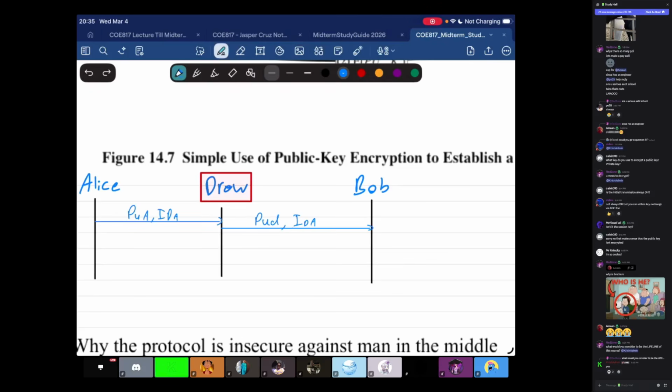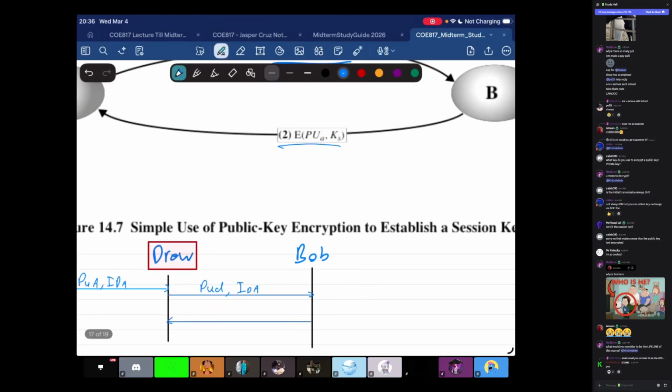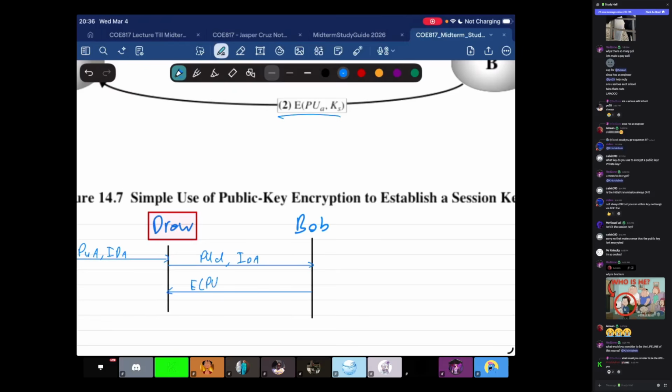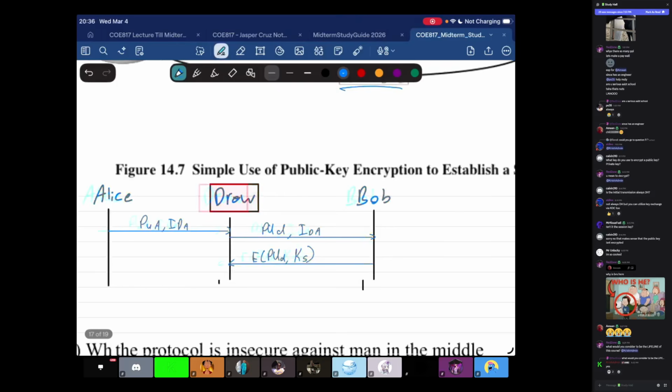Going forward, Bob wants to share the session key over to Alice, or who he thinks Alice is, and he will use the same encryption, not knowing that this is not Alice's public key. He will use that key to encrypt the session key that he wants to share with Alice.